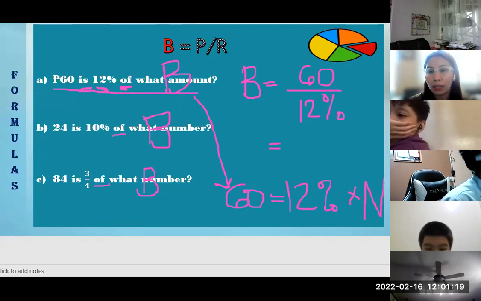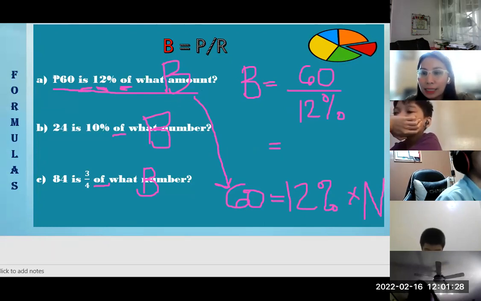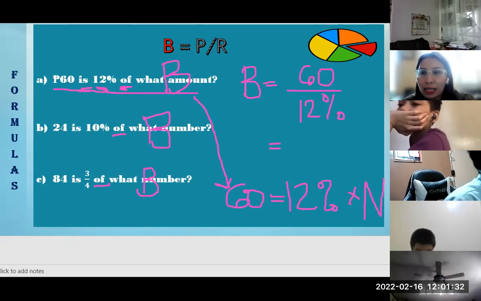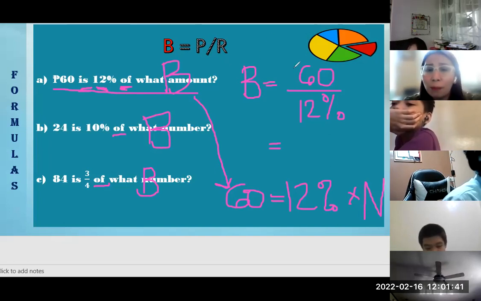So, n ang gagamitin natin. Base daw is the easiest one to solve according to Arkin. So, kapag hindi nyo alam the formula, you better use this conversion sa number sentence. Ito po yung number sentence.